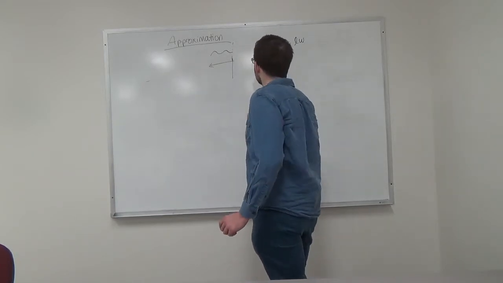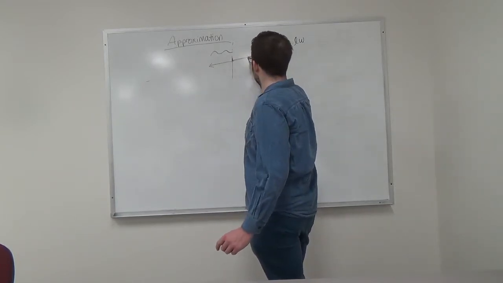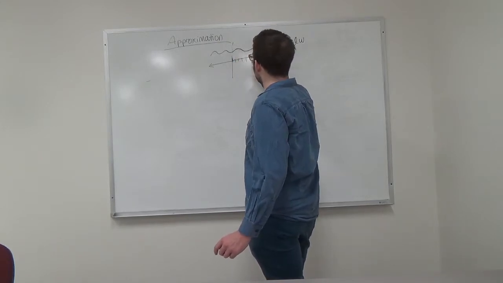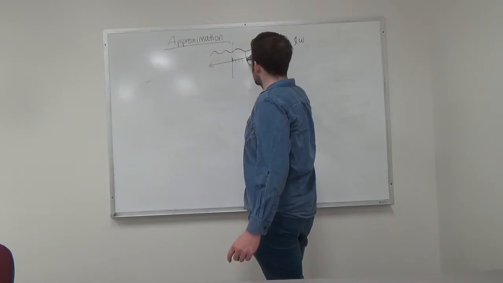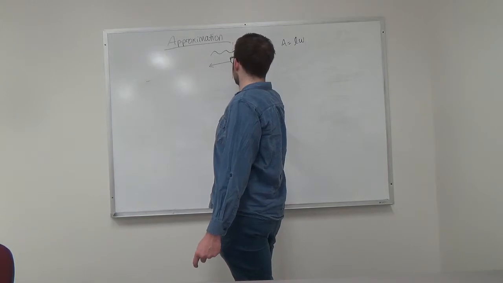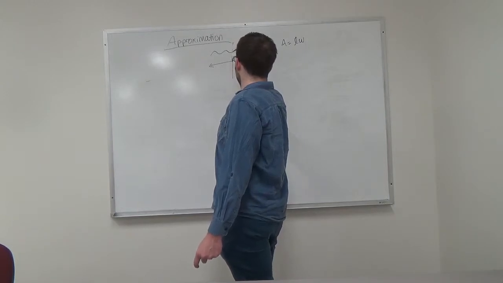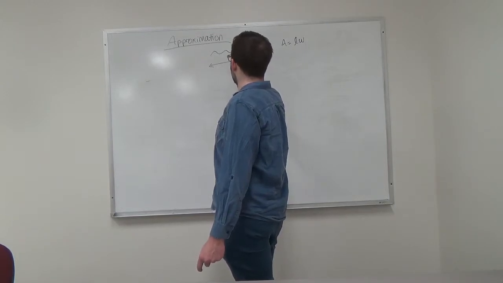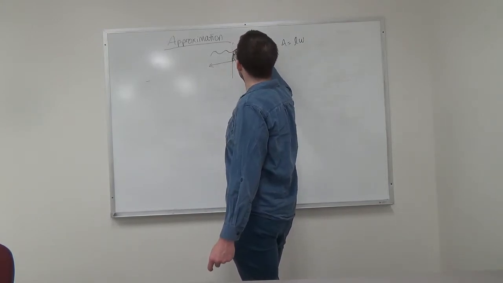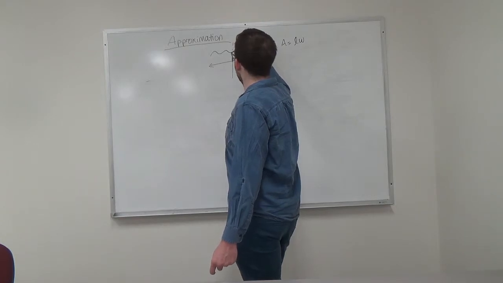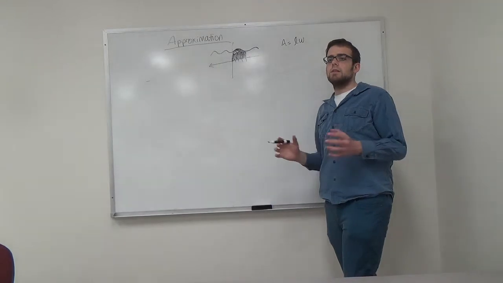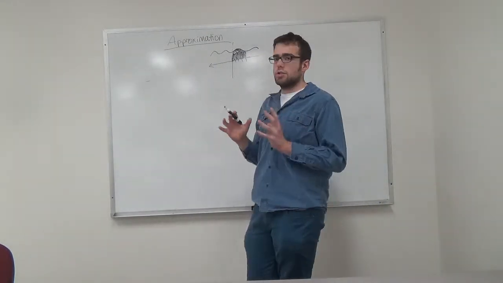So let's just rewrite this. We have 1, 2, 3, 4. That's how far we want to go, until we get to the point where the height of the rectangles matches the function. And it looks like we have the entire area just shaded in.